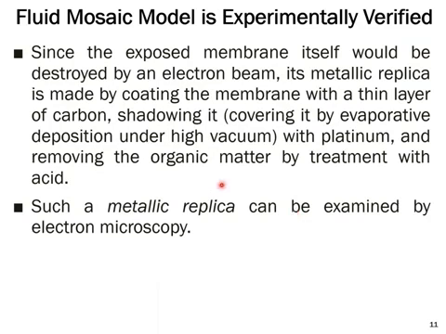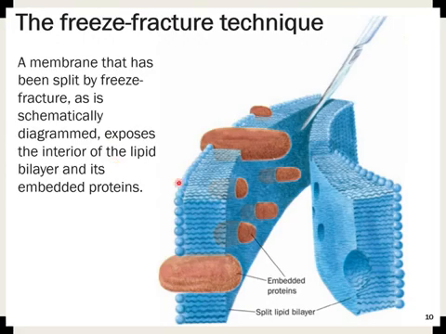And how is that made? First, we coat this portion of the membrane with a thin layer of carbon. So the carbon takes the shape of the membrane, including where the protein is protruding out.